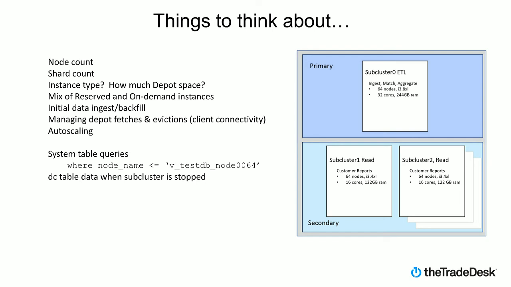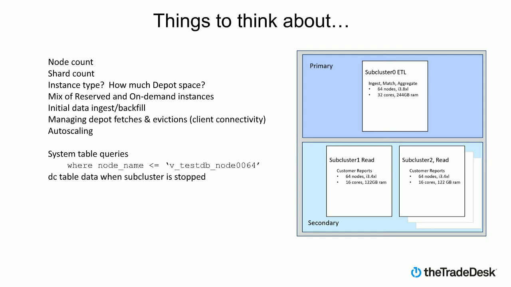The node count we determined by spinning up some instances in a single subcluster and finding an acceptable performance, considering current workload and future workload for the queries that we had when we started. And so we went with 64. We certainly wanted to increase over 50, but we didn't want to have them be too big, because of course it costs money. Plus we like to do things in power of 2.